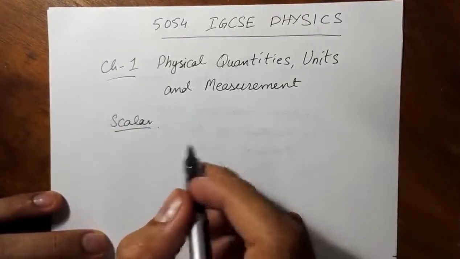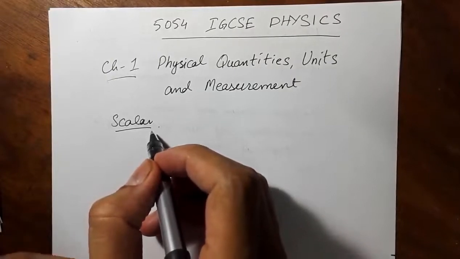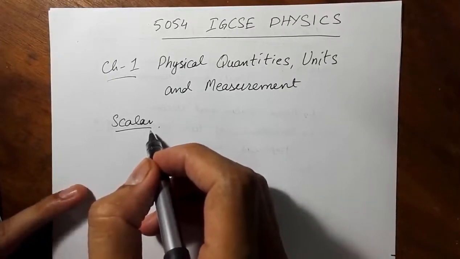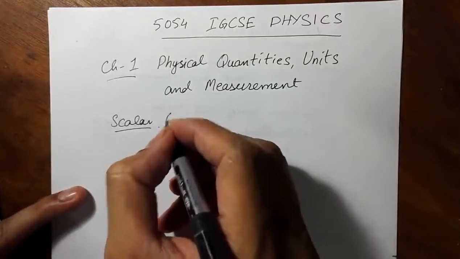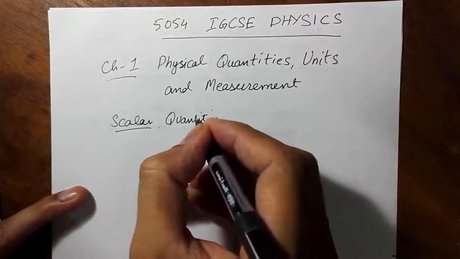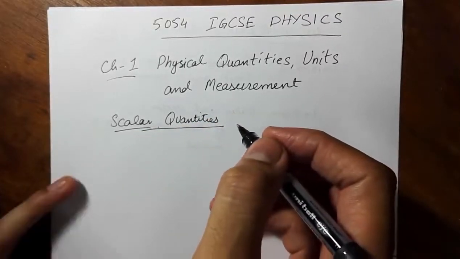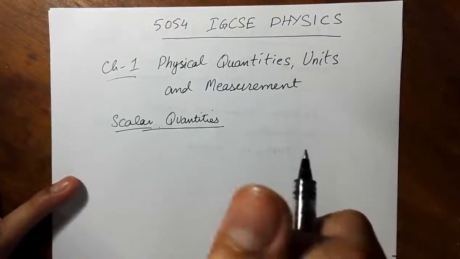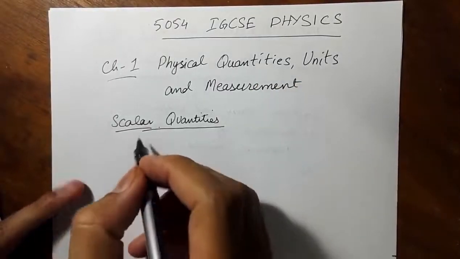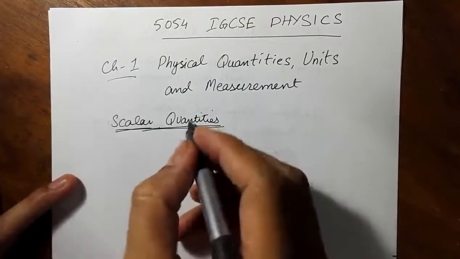So, firstly, we'll start off with defining scalar. Here, scalar means scalar quantities. In physics, there are two types of quantities, scalar quantities and vector quantities. First of all, we will define what are the scalar quantities.